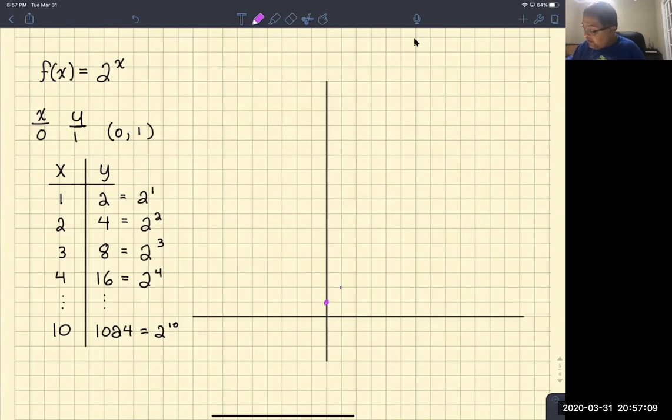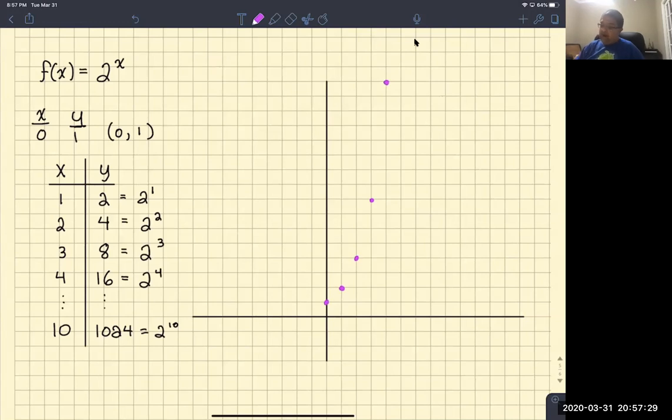When x is 1, y is 2. When x is 2, y is 4. When x is 3, y is 8. X is 4, y is 16.